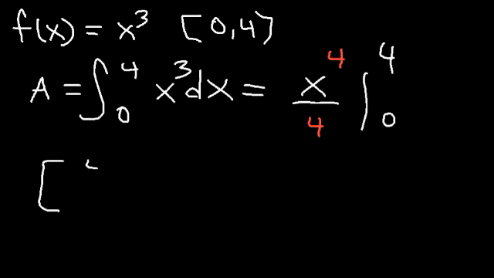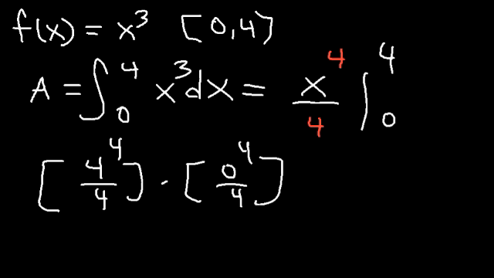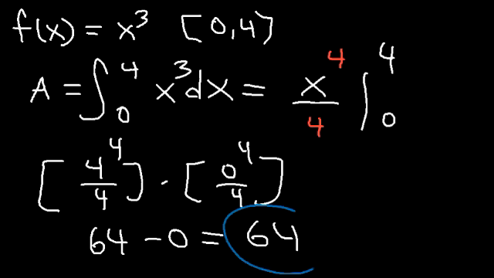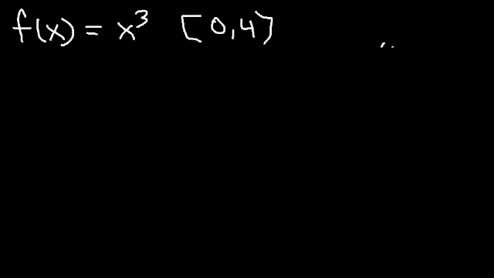So let's plug in 4 first, and then we'll plug in 0. 4 to the 4th power is 256, divided by 4 is 64, minus 0. So the answer that we're looking for is 64. So now let's approximate the area using the left endpoints to begin with.